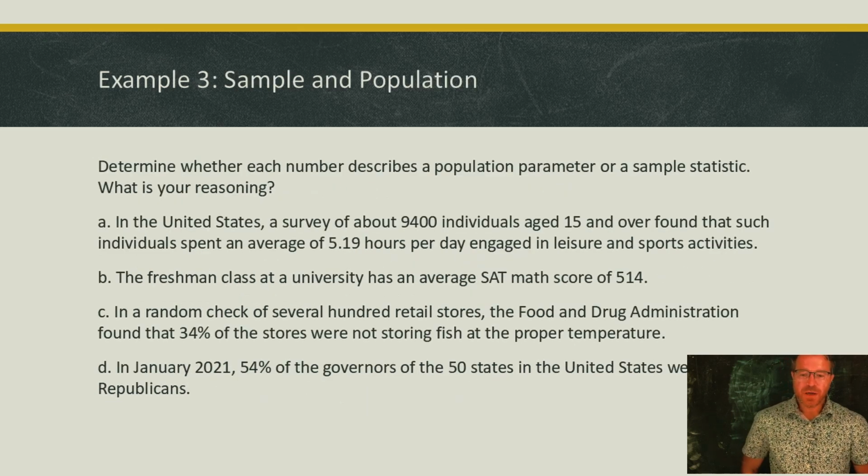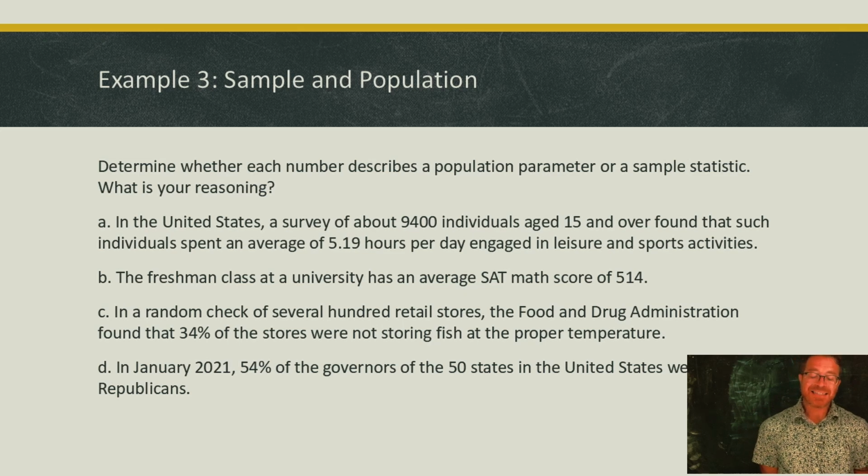So in this example, we want to determine whether each number describes a population parameter or a sample statistic, and what our reasoning is. One: in the United States, a survey of 9,400 individuals aged 15 and over found that such individuals spend an average of 5.19 hours per day engaged in leisure and sports activities.